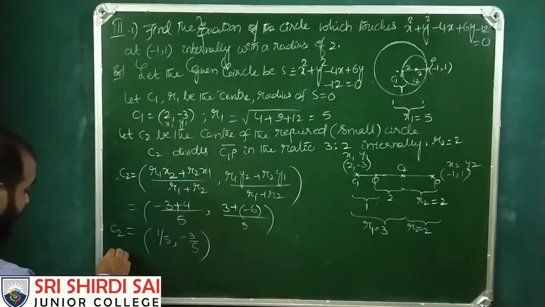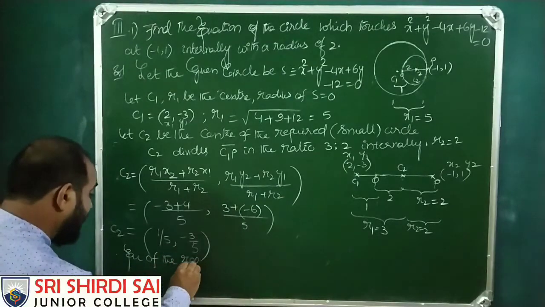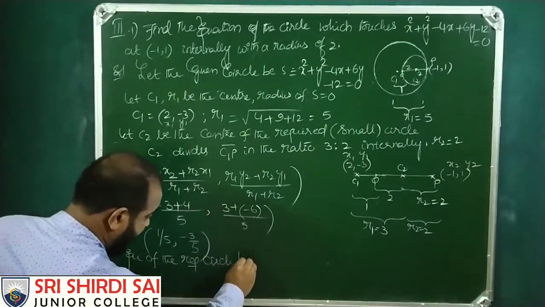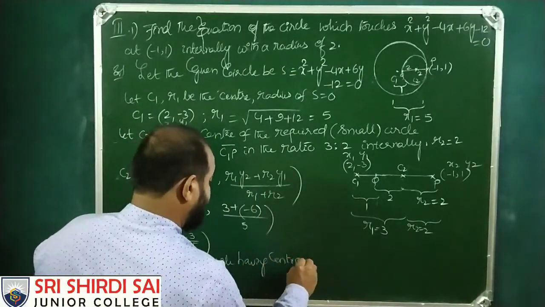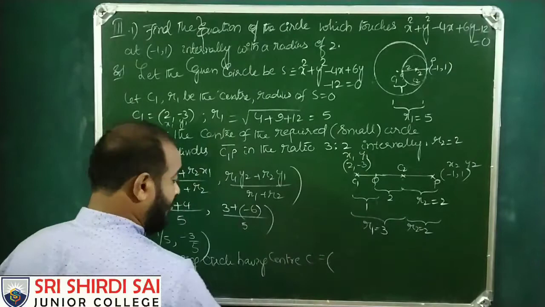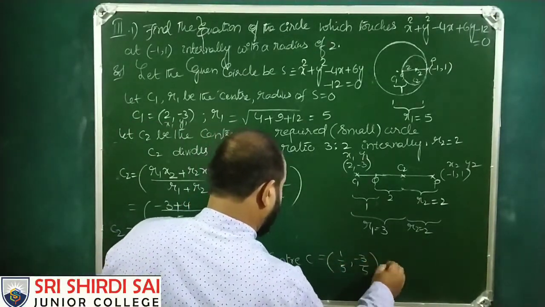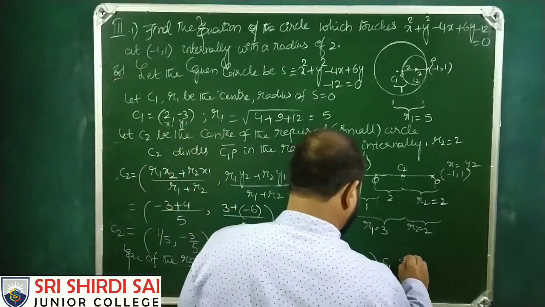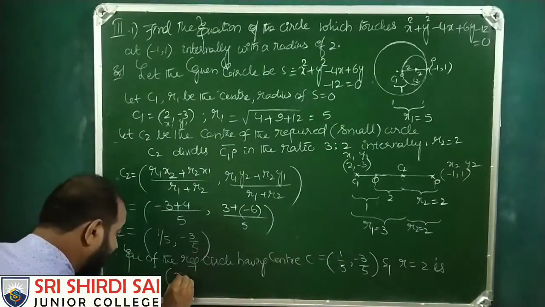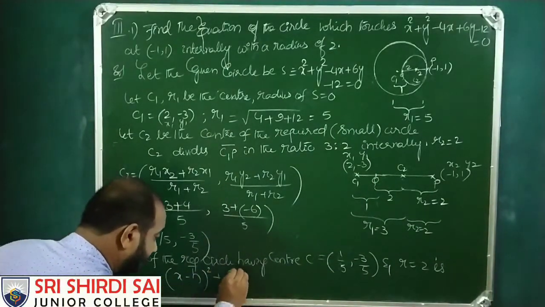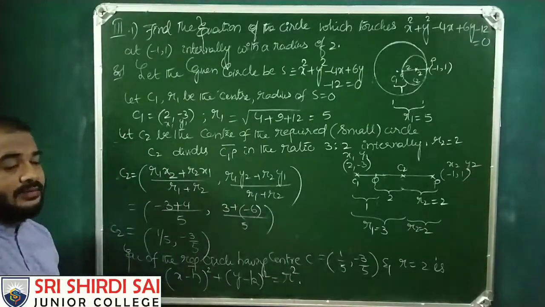So therefore the equation of the required circle having center C equals 1 by 5 comma minus 3 by 5 and radius R equals 2 is, what is the formula? (x minus h) whole square plus (y minus k) whole square equals R square.